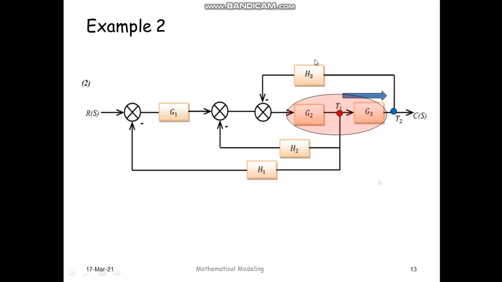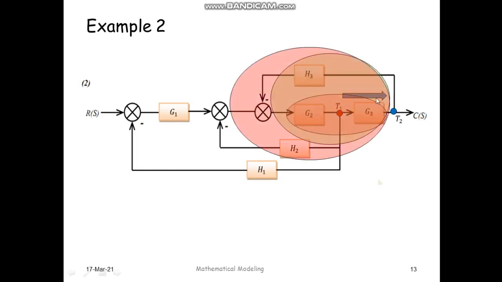So this will serve as a minor feedback loop, and you can eliminate this minor feedback loop using the usual formula. After that, the function which you get after eliminating this particular minor feedback loop will again come into contact with this feedback H2. So this will again serve as minor feedback loop number 2.